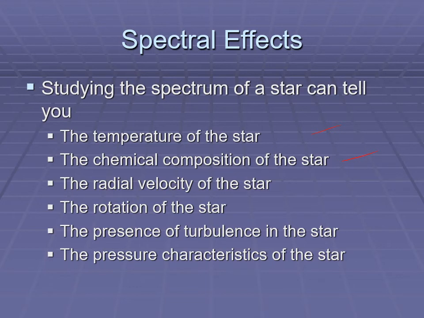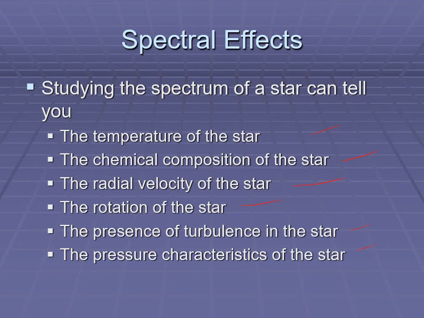By looking at the shift of all the spectral lines, that tells you how fast the star is coming towards you or away from you. And the width of the spectral lines would tell you something about the rotation of the star. And how those spectral lines are adjusted a little bit tells you the turbulence or pressure in the star.